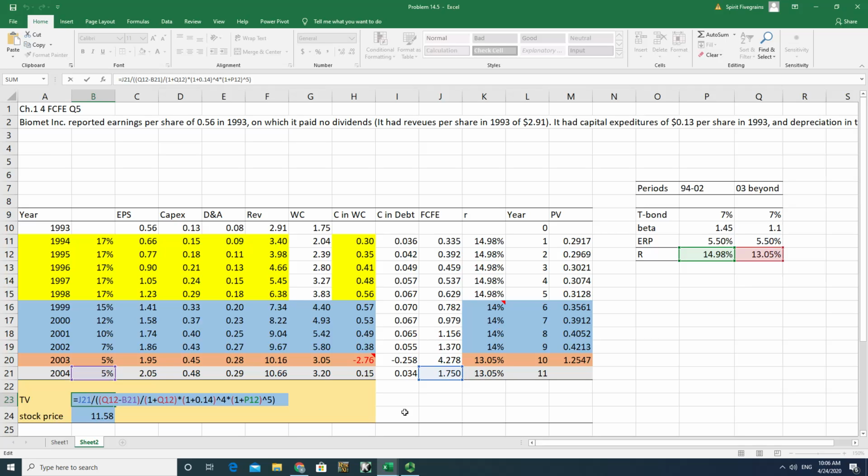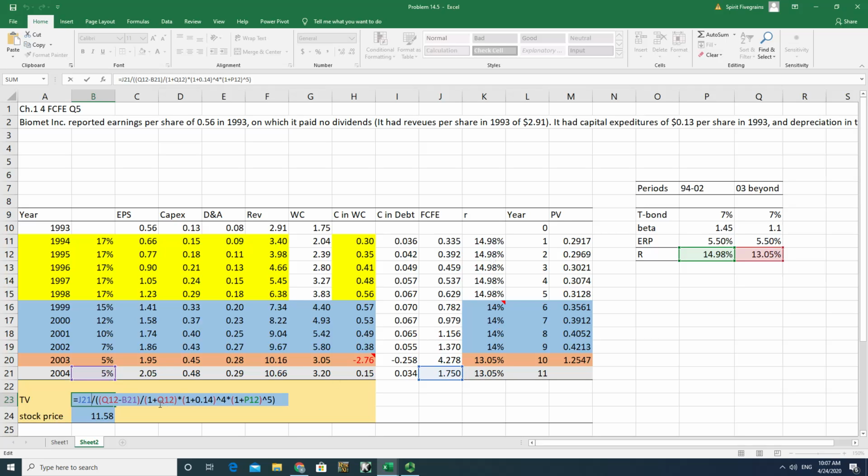And if FCFE is $1.75, then divide by the difference between cost of equity and the growth rate, and then discount for 10 years. Notice that discount rates are different. Therefore, the first discount rate is 13%, the second discount rate 14% for 4 years, and 15% for 5 years.